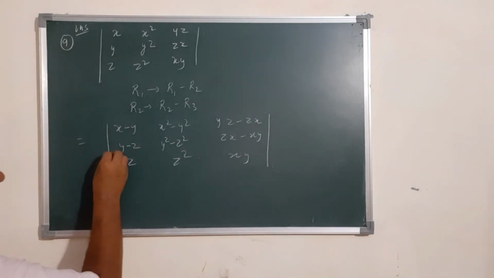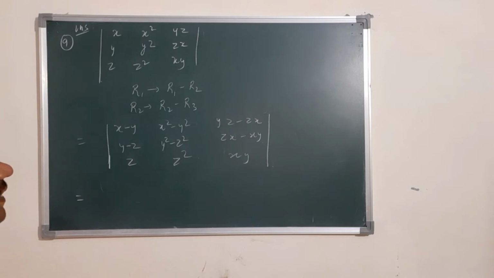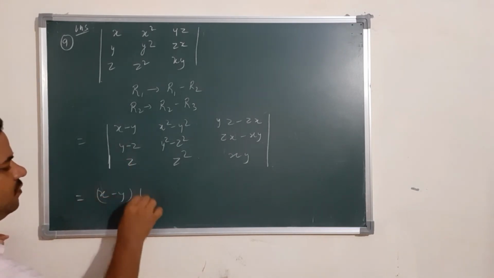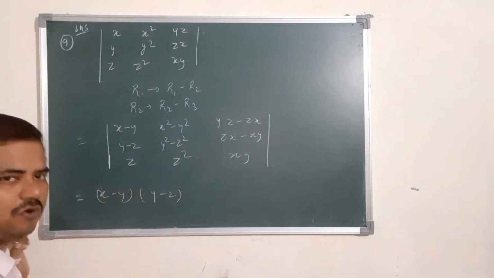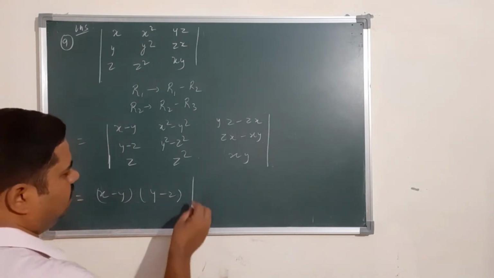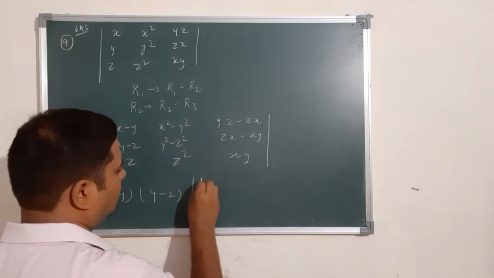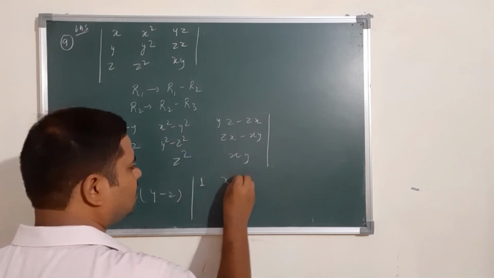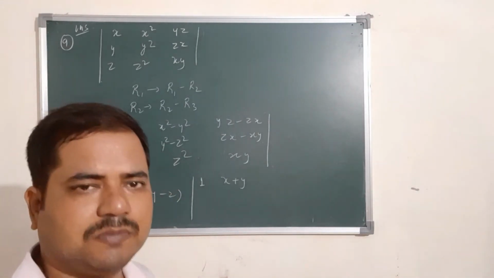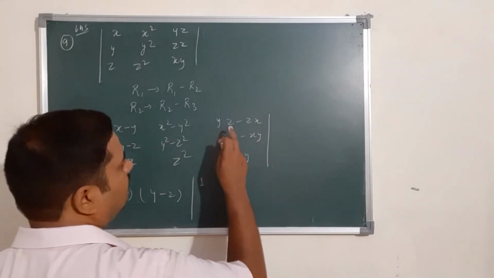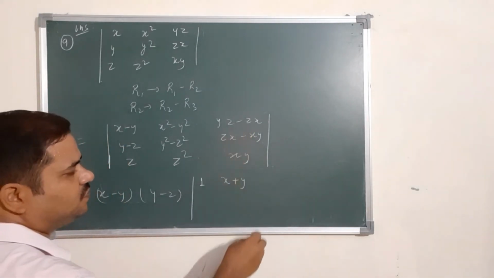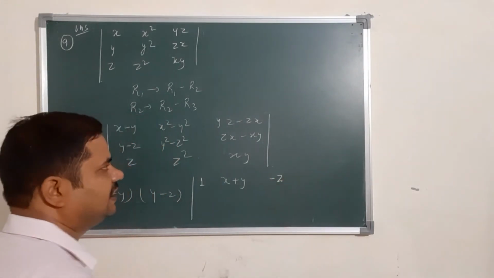Now next step we see here, if we take x minus y from the first row and y minus z from the second row, then within the determinant we will have 1, x plus y here, because x square minus y square is x plus y times x minus y. And if we take minus z as common, this will also be x minus y, so minus z is there. Why?